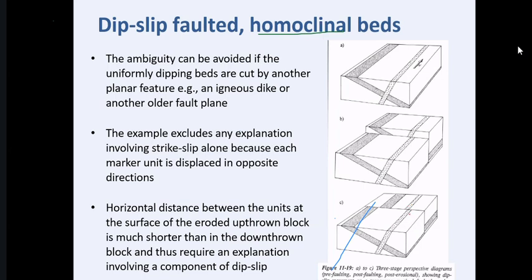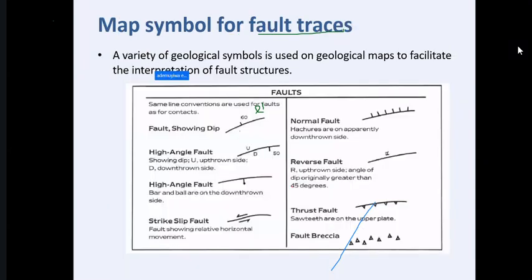This is what you get. So this is pre-faulting, post-faulting, and post-erosion, showing dip-slip movement on a transverse, vertical fault through a sandstone bed and an oppositely dipping igneous dike. I'm just showing the possible variations.